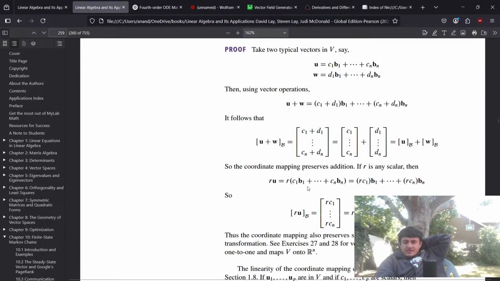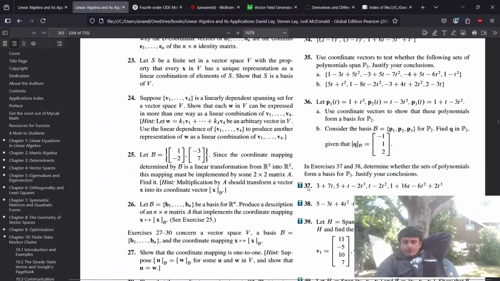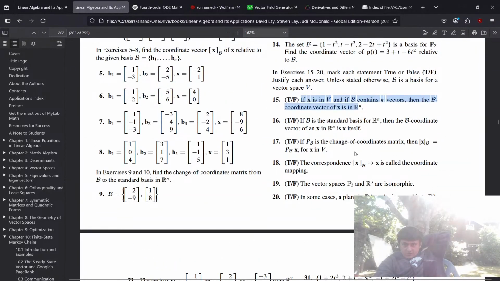Okay, so X to XB is called the coordinate map. What was the problem? So this is false. 18 is false. 19. The vector spaces P3 and R3 are isomorphic. That's false.